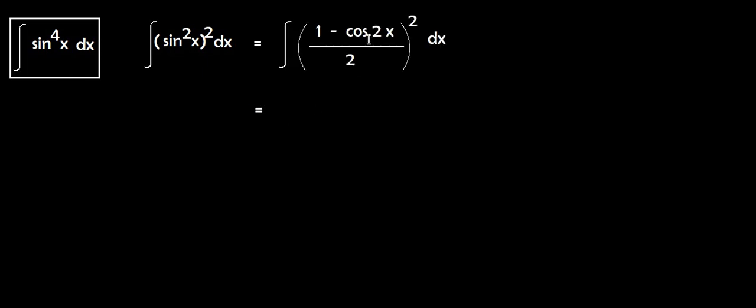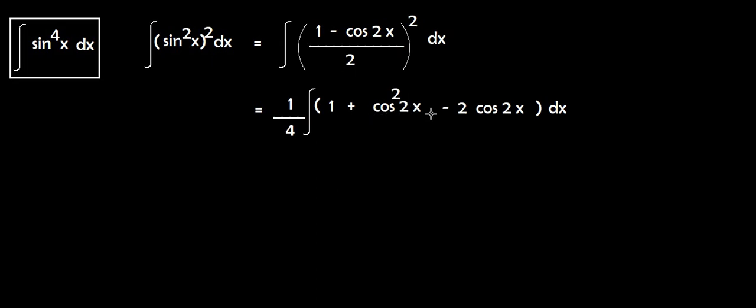Now you can expand the 1 minus cos 2x, and also 1 by 4 can be brought out of the integral. And also you can replace the cos square 2x by 1 plus cos 4x divided by 2.